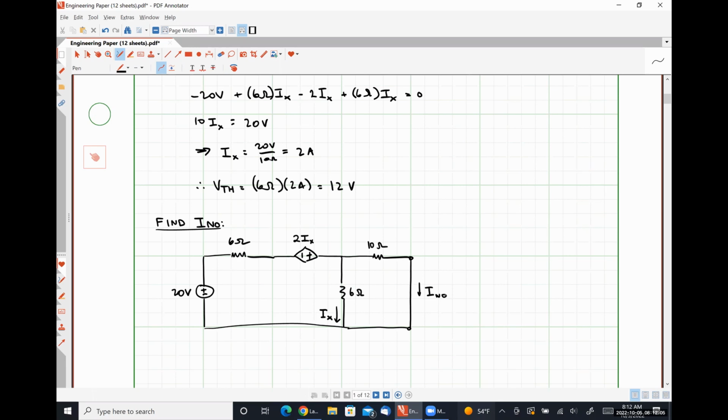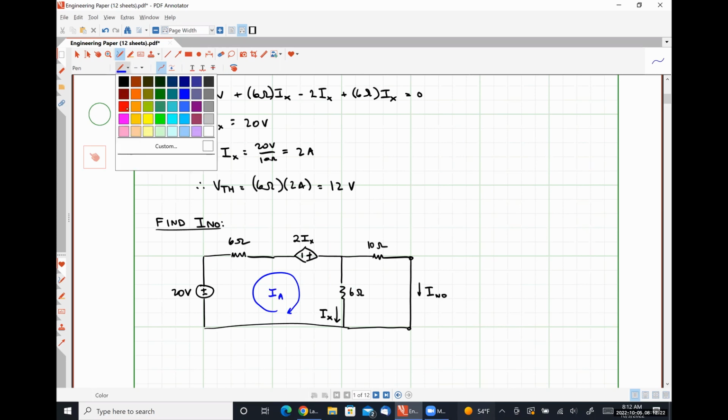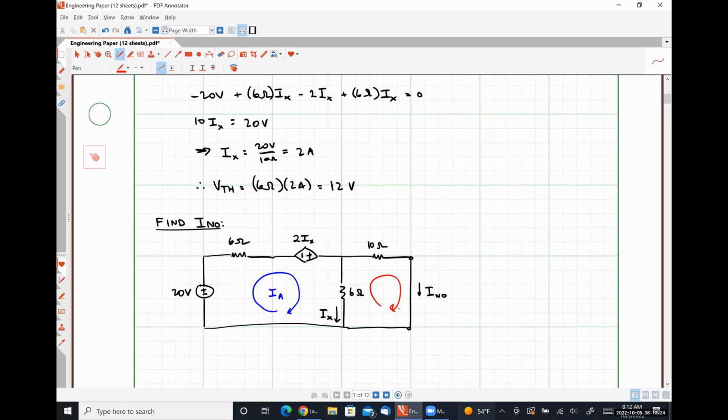Yeah, let's just do mesh. We're trying to find a current. Mesh seems reasonable enough. So I'm going to call this mesh current IA. I'm going to call this mesh current IB.